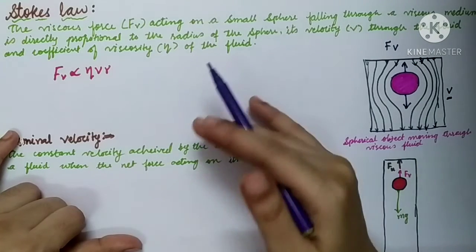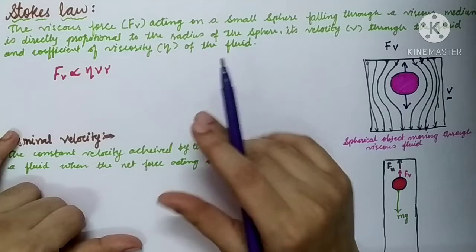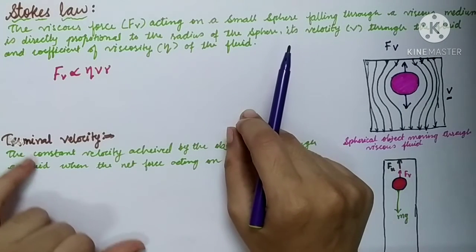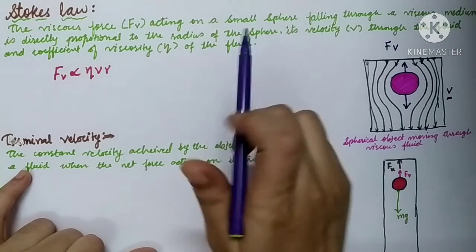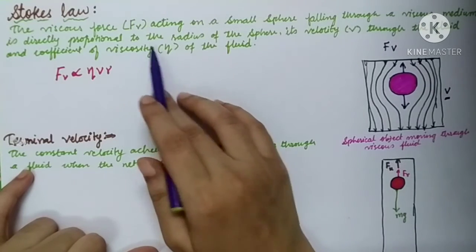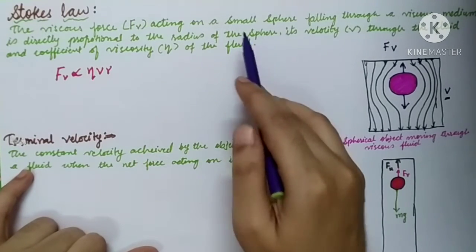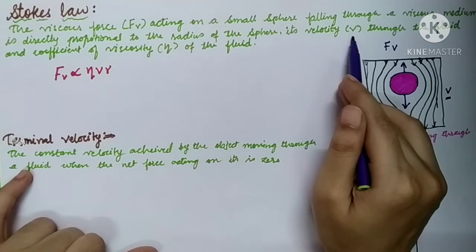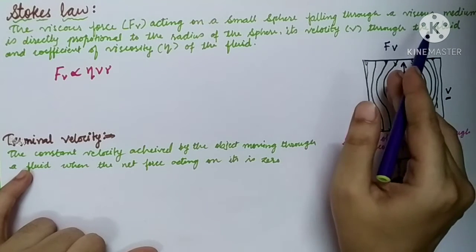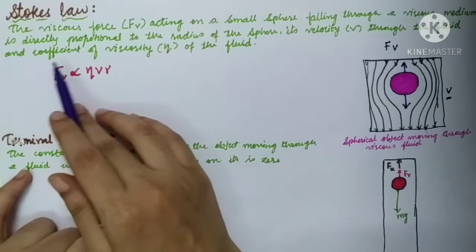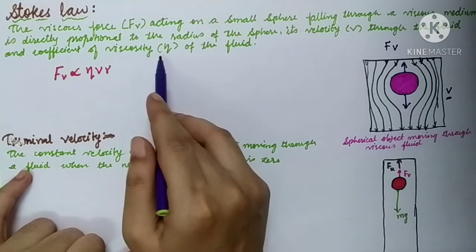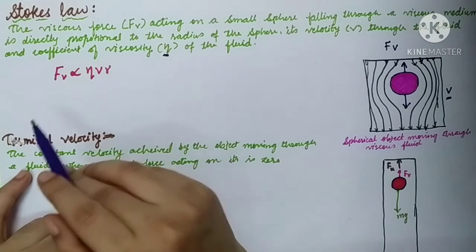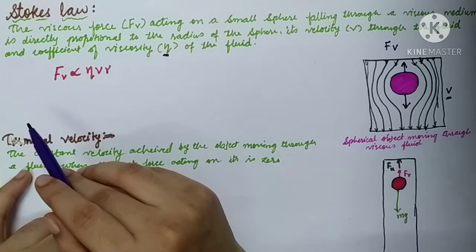As I told you, the greater the radius of the sphere, the greater would be the viscous force experienced by it. It is directly proportional to the velocity of the sphere through the fluid, and it is also directly proportional to the coefficient of viscosity, how viscous the fluid is.